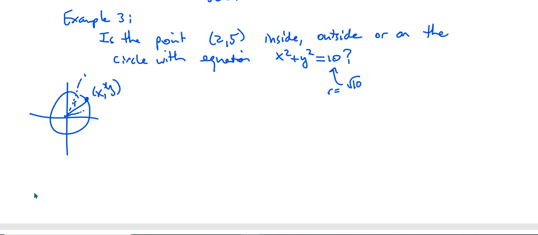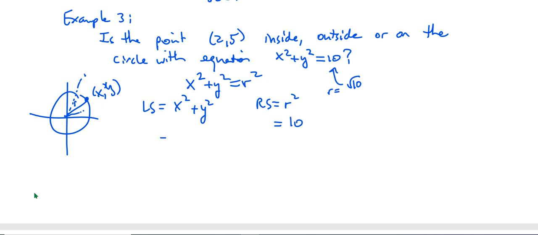So what we can do is take the equation of the circle and substitute the point into the left side and see how that compares to the right side, which was 10. Sub the point in: 2 squared plus 5 squared, which is 4 plus 25, which is 29.